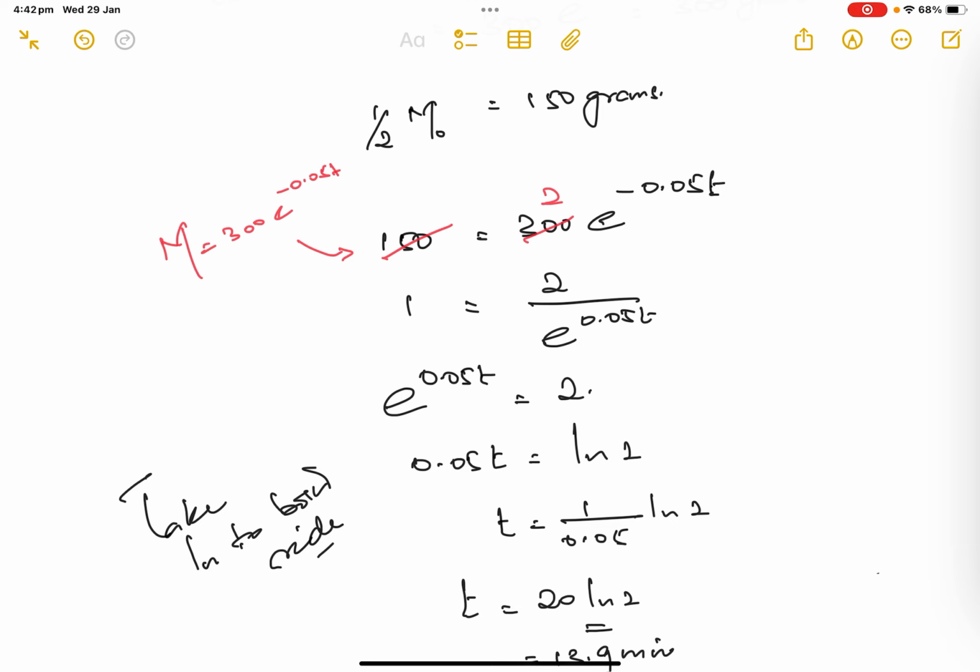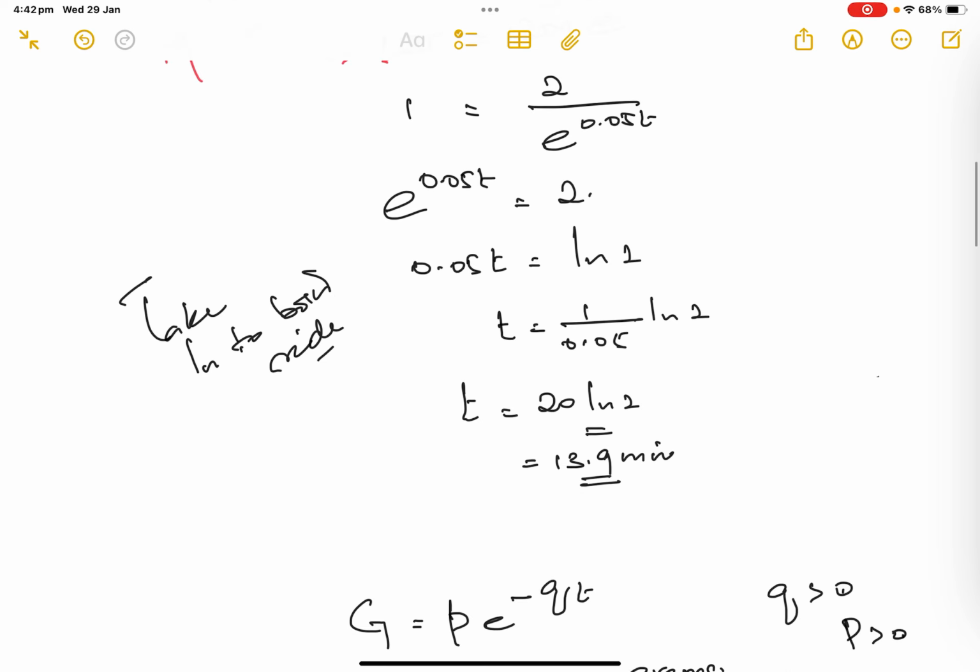So divide by 150: the left-hand side is 1, the right-hand side is 2, and bring the minus power to positive, so bring it to the denominator. So 1 equals 2 over e to the power of 0.05t. Cross multiplication gives e to the power of 0.05t equals 2.